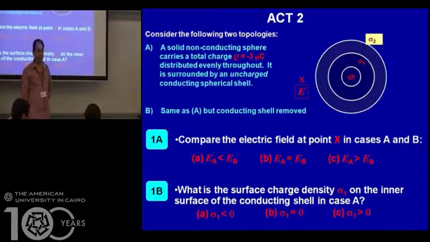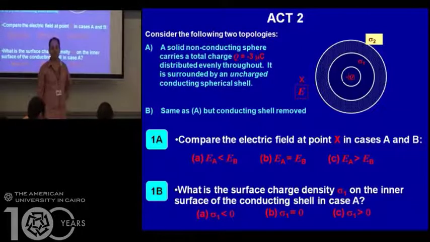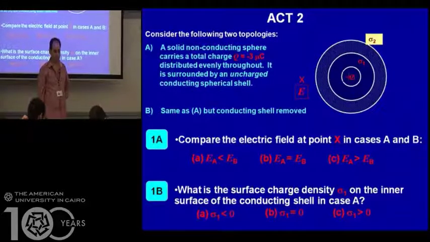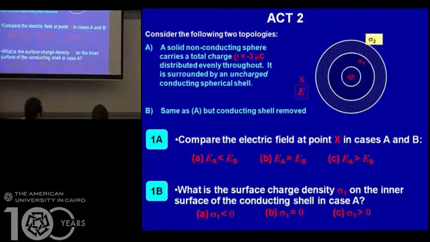Guys, please concentrate. It's only one shell. Again, we have a solid sphere, then vacuum, then a shell. This is a shell that has a thickness.